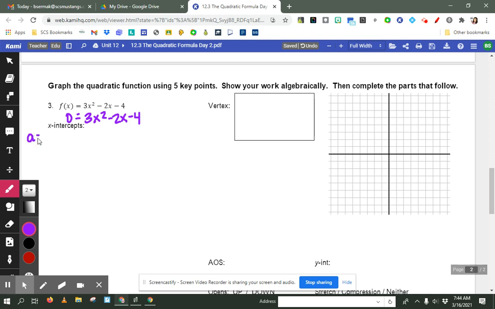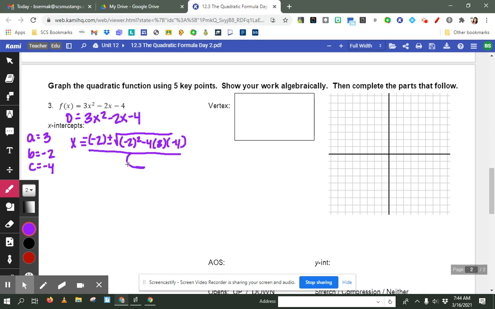So my a term is 3, my b term is -2, and my c term is -4. So we're solving for x, it's negative b, so it's going to be -2 plus or minus the square root of b squared minus 4 times a times c all over 2a.